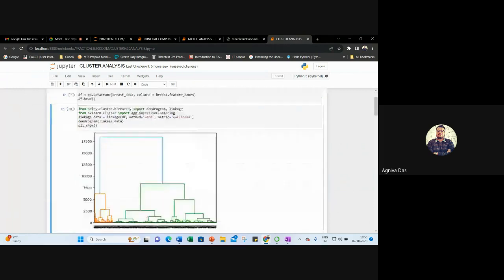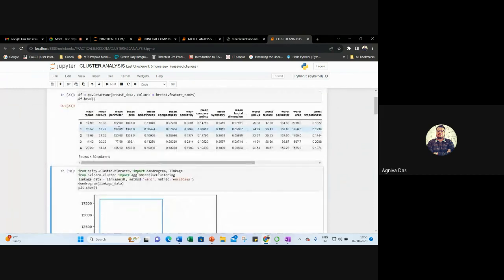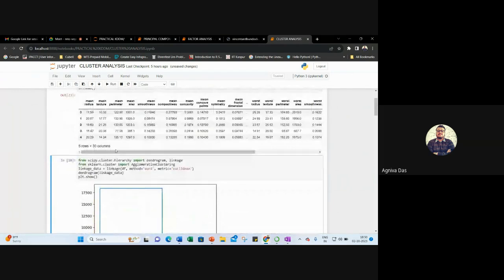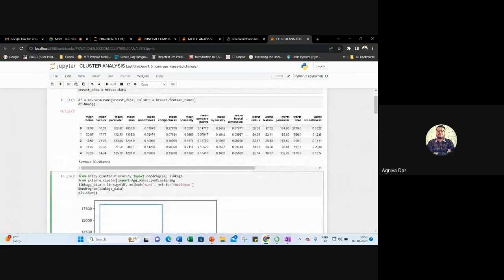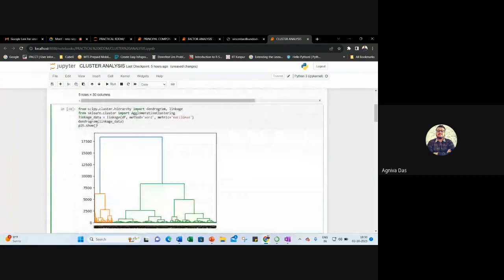Now, just before we get into the clustering portion, for making the dendrogram for hierarchical clustering, from the scipy.cluster.hierarchy module we have to import two things. First is the dendrogram, and second is the linkage.